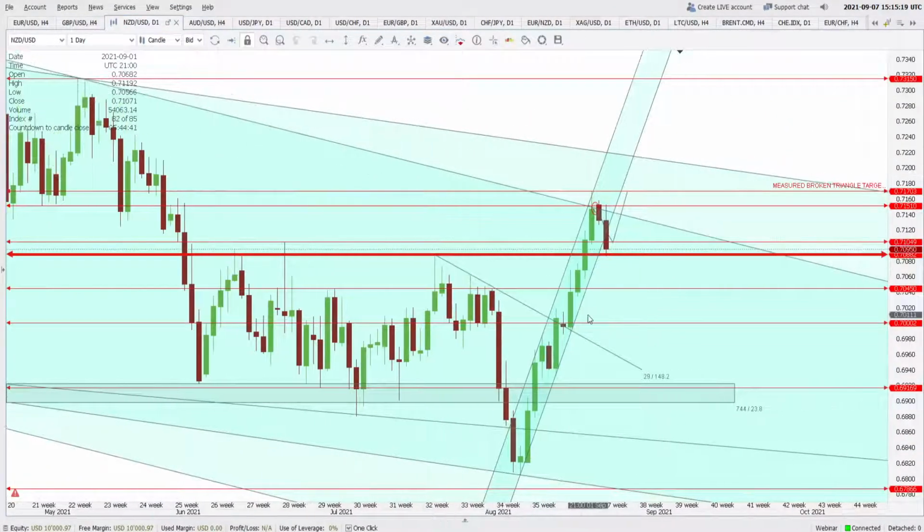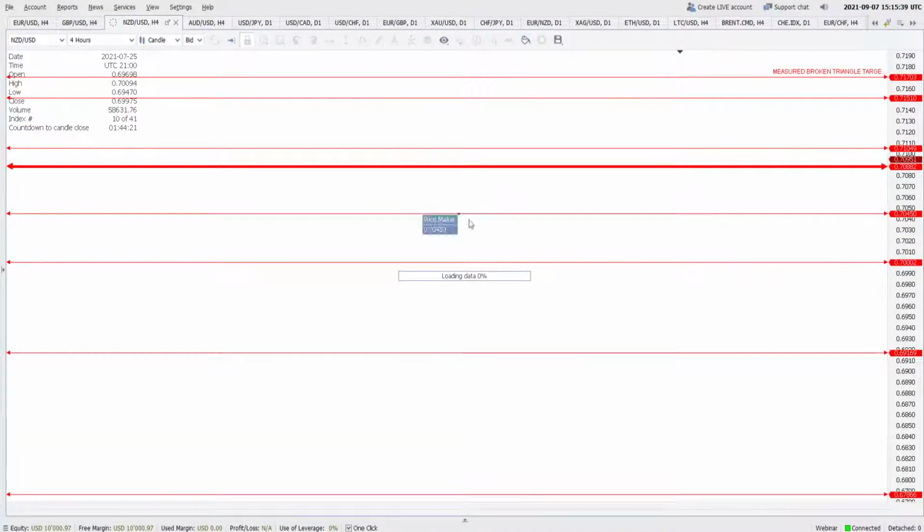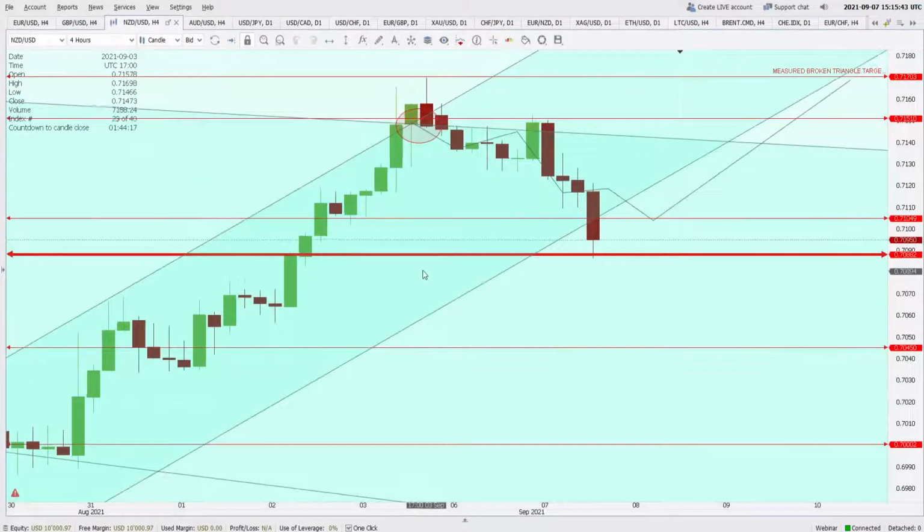So talking about the New Zealand dollar against the US dollar, the measured broken triangle targets are already taken. After that target is taken, the price is continuously going back to test 0.7088, and see how beautifully this level seems to be getting respected. On the 4 hour, if you see some bullish price action at this area, this may be your opportunity to go and buy here.